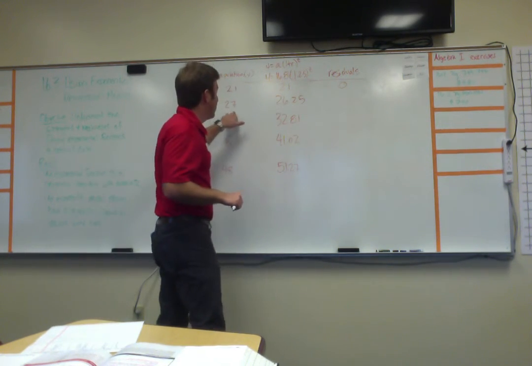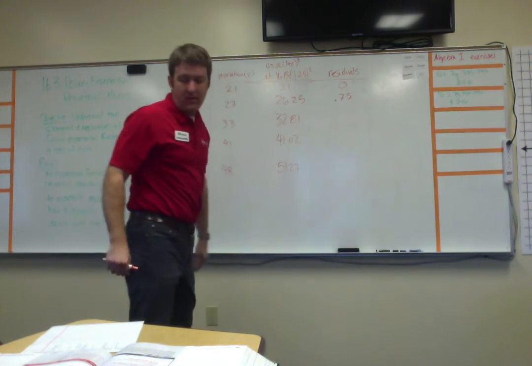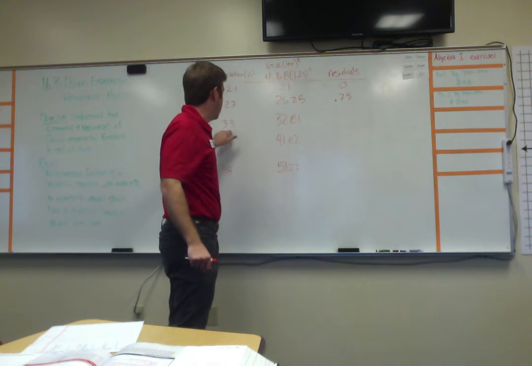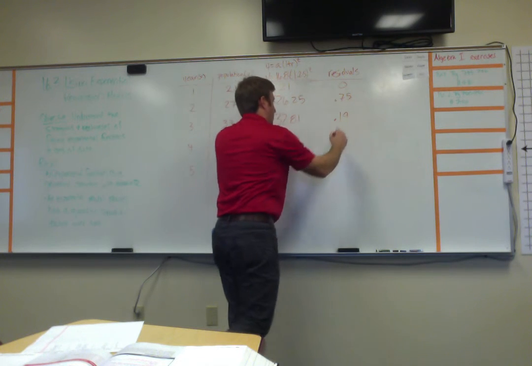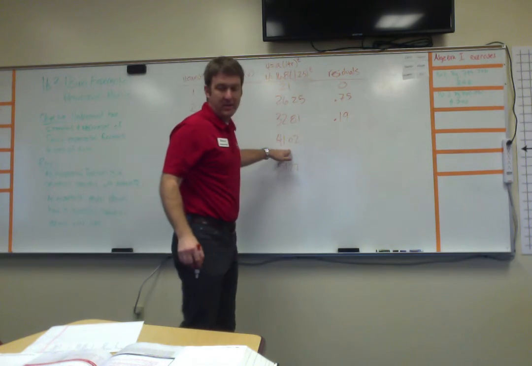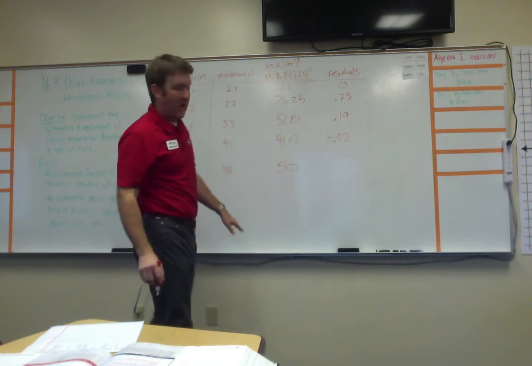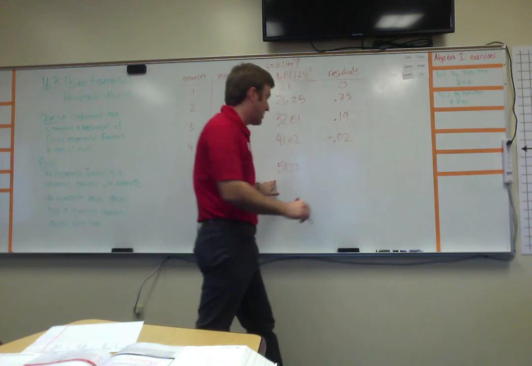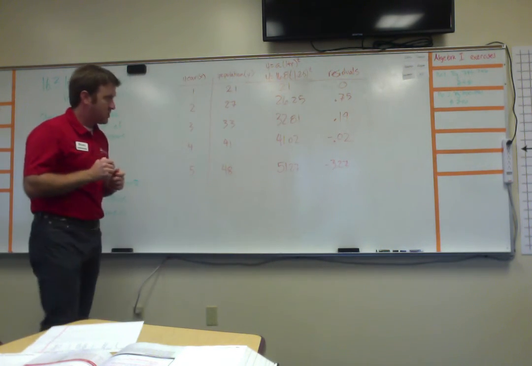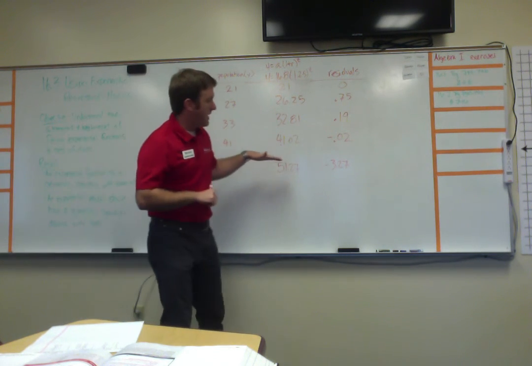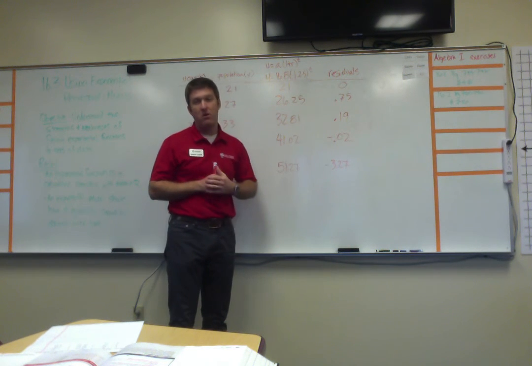So we go population minus prediction, 0.75. Then for the next one, population minus prediction is 0.19. Then for the next one, negative 0.02. Then population minus prediction is negative 3.27. Okay? So again, you can see that the data and the function might start to be more divergent the further out we get.